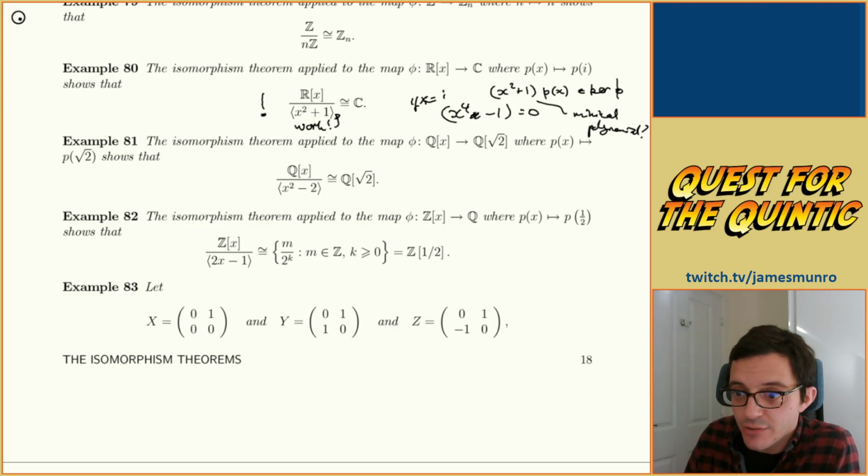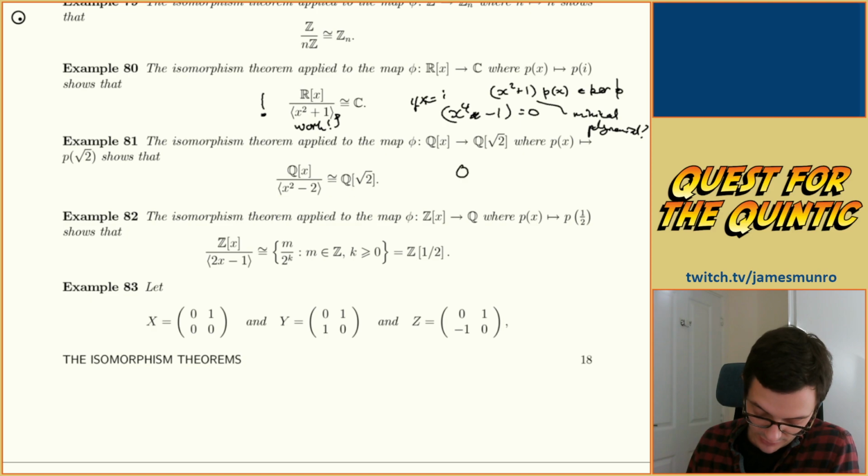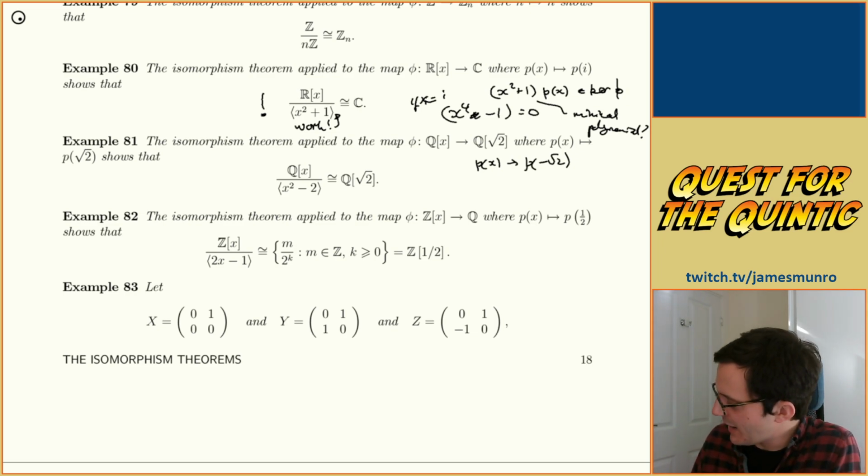So plugging in root 2 is a good way to show that this thing is isomorphic to that. At which point you start to wonder, why didn't we plug in minus root 2? There are two numbers that make this 0. I suppose what we could show is that if p of x goes to p of minus root 2, which is a different map, those things are different places, but it's kind of isomorphic.